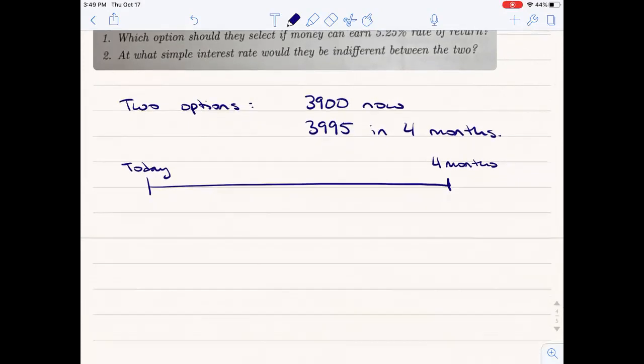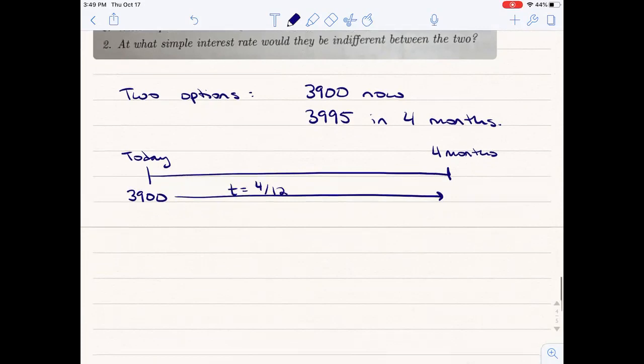And so what we want is we want to look at, okay, well, if I deposit, or if I pay $3,900 now, right, and let it sit there for t equals 4 out of 12, right? 4 months in years is 4 over 12. Then what is my future value?